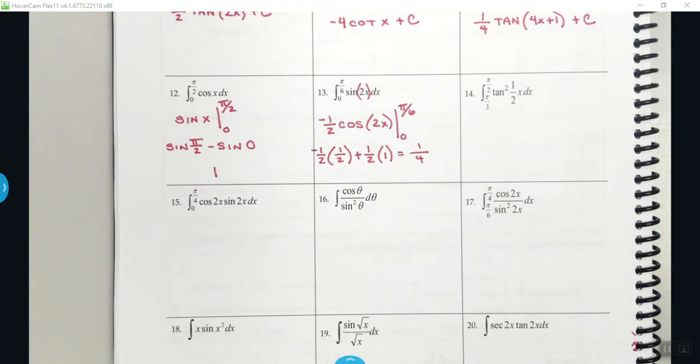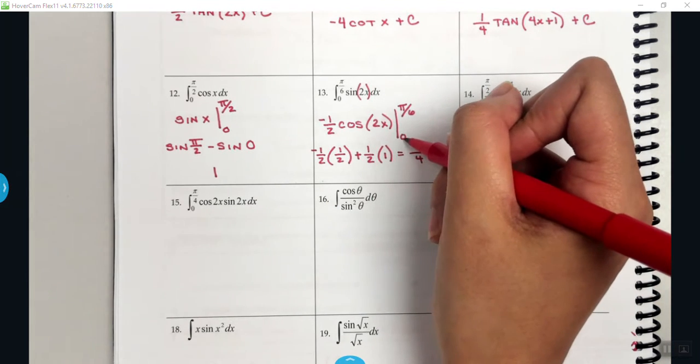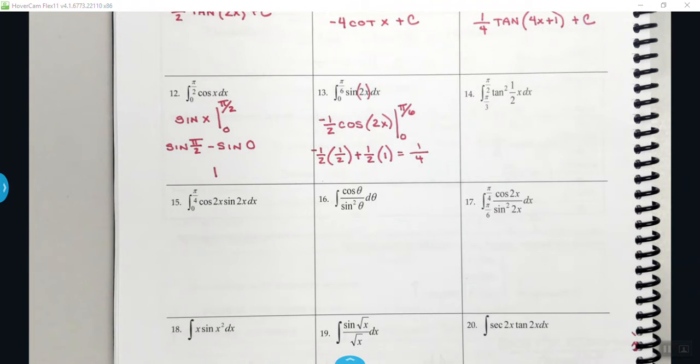So why is that any different from doing this? Why don't you change that? Well, I could, but if I change this to u, then I would want to make the bounds pi over 3 and 0, so that I plug pi over 3 in for u.